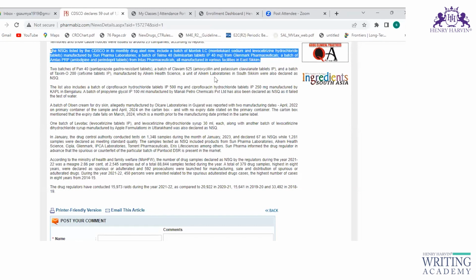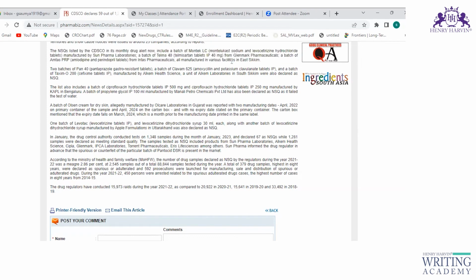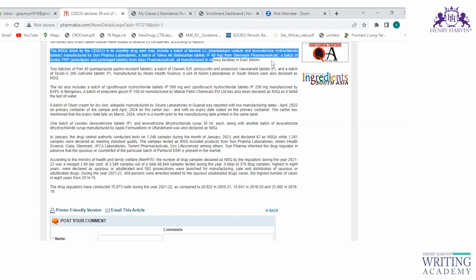So in all these companies which were manufactured in the state of Sikkim, East Sikkim, these were the tablets, or the drugs, which were found to be substandard.